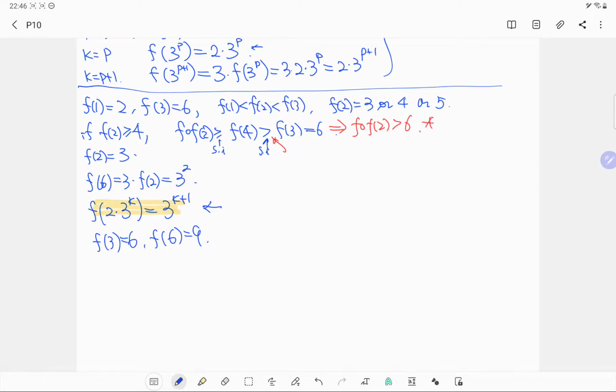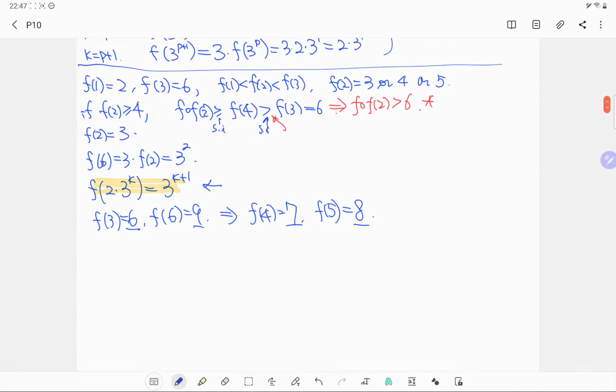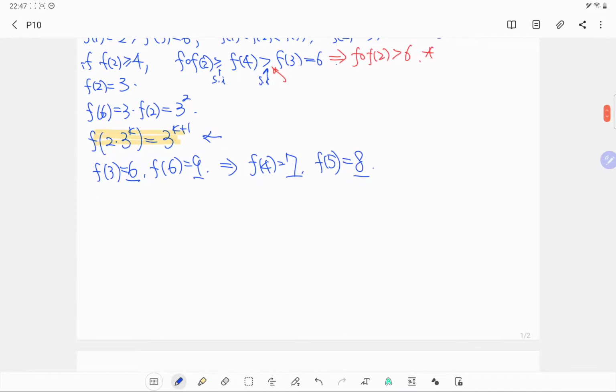Which means that f of 4 can only be 7. F of 5 can only be 8. So that f is strictly increasing from 3, 4, 5, 6. Because this is 6, 7, 8, 9. The only possible way to make f strictly increasing.